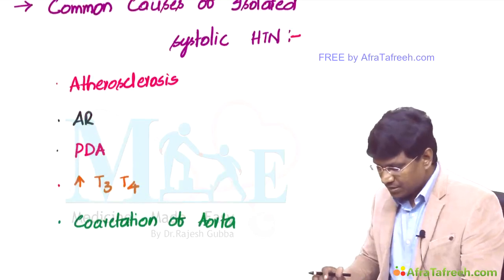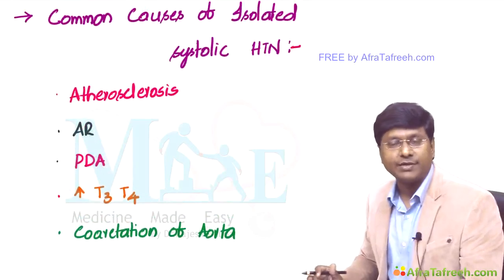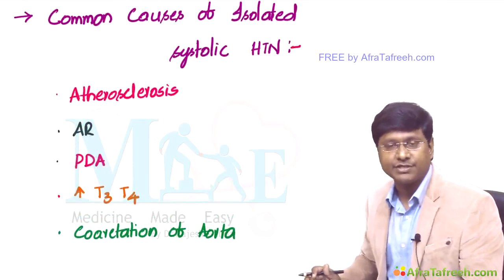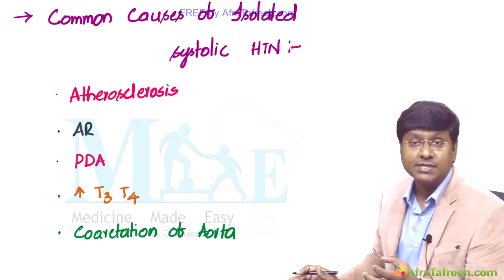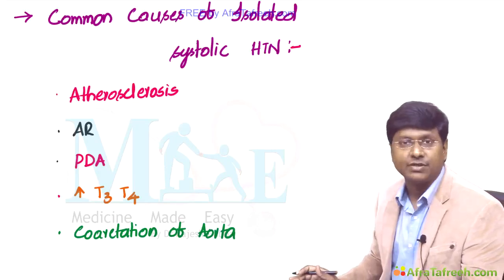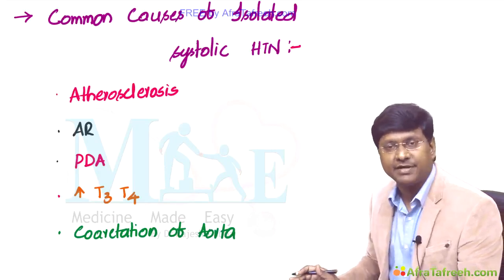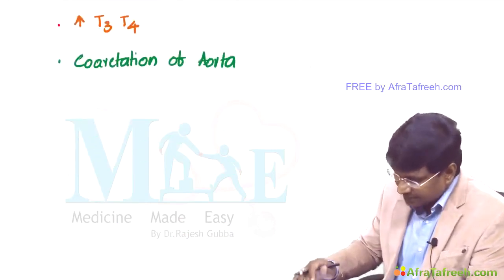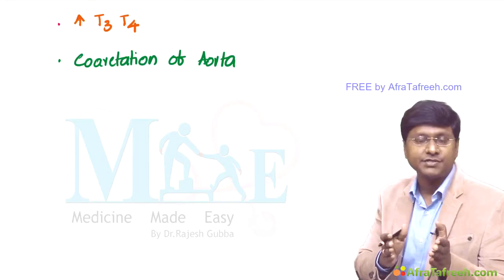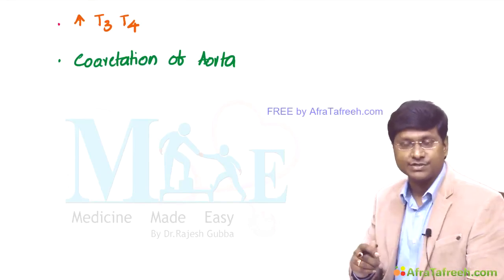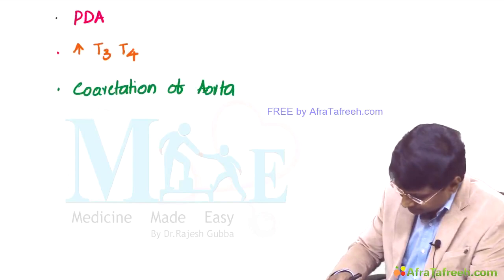Alright. So now, after having discussed the etiologies causing isolated systolic hypertension, let me tell you about a very important clinical scenario. There are certain genetic disorders which are associated with the development of hypertension. These genetic disorders we can classify into autosomal dominant conditions as well as autosomal recessive conditions.